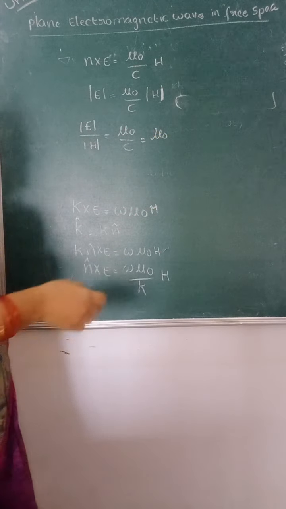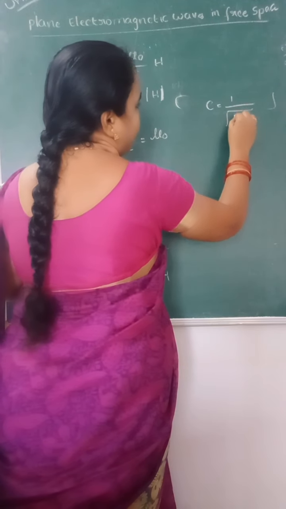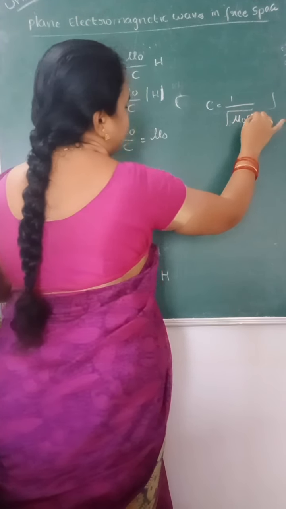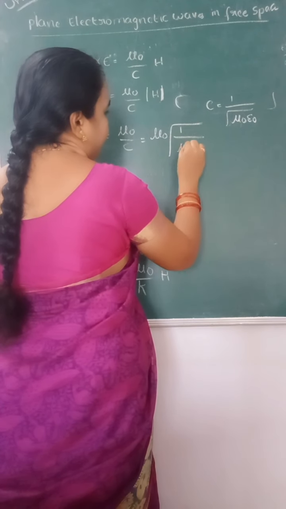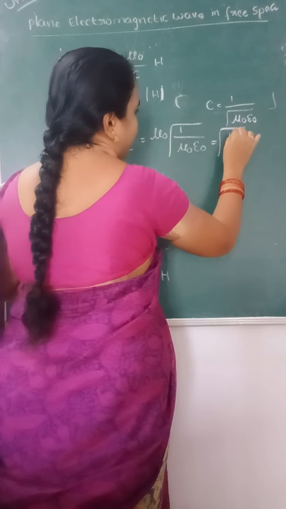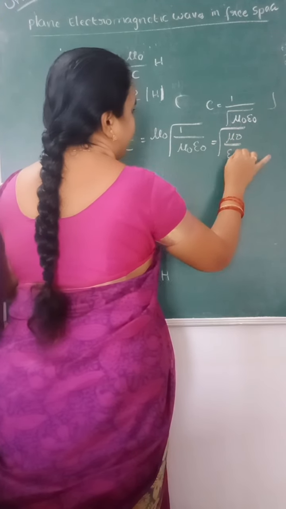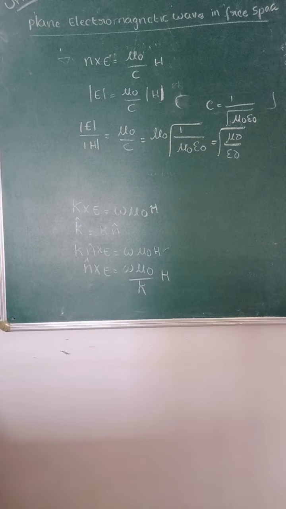In the previous class, the value of c is 1 by root of mu naught epsilon naught. So let us substitute that: mu naught into 1 by root of mu naught epsilon naught, that is root of mu naught by epsilon naught, is the value of modulus of E by H.